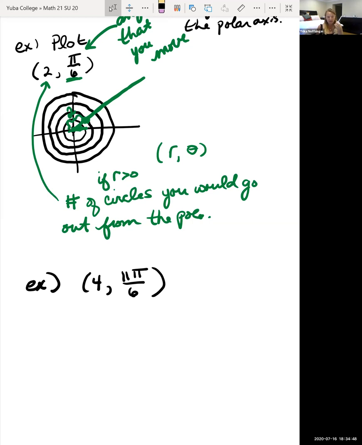Locate that terminal side, and then the r will tell you how many circles to go up, or actually down, depending on whether it's positive or negative, from that angle. Here, first you would do your 11pi/6. I notice this is almost 12pi/6, which is 2pi, so I know I'm doing a rotation. I'm going to be in the 4th quadrant.